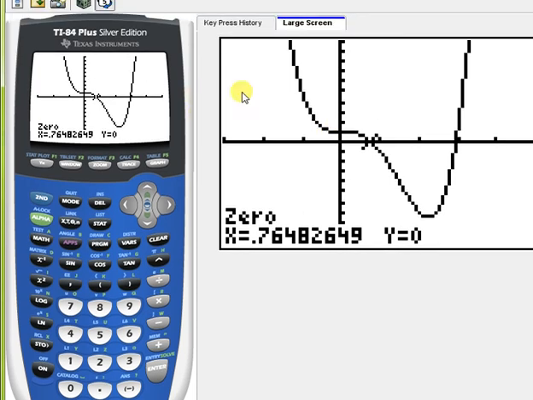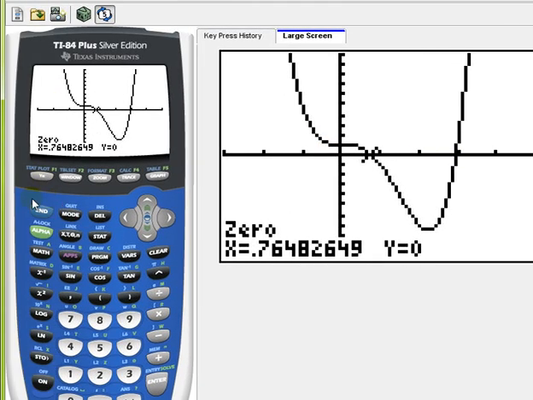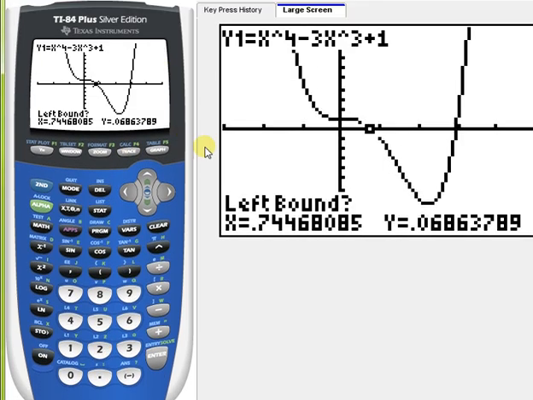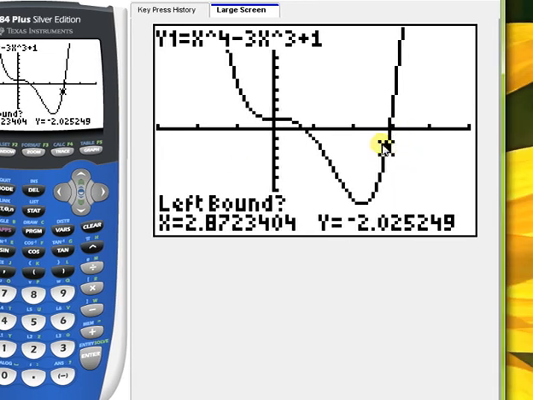Now, we're not finished because we have to find this other one. So we're going to repeat that process all over again. I'm going to press second, calc, 2. Once again, I've got to pull that blinking cursor over to the other zero. Once again, your calculator doesn't have a brain, so you've got to tell it which one you want. This time the left side is underneath.